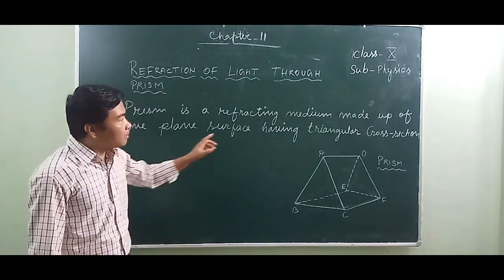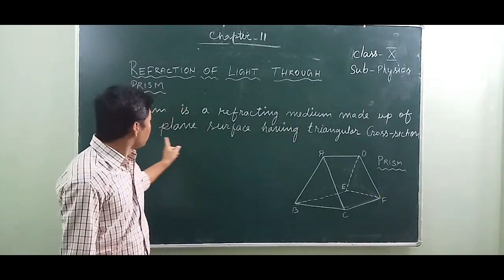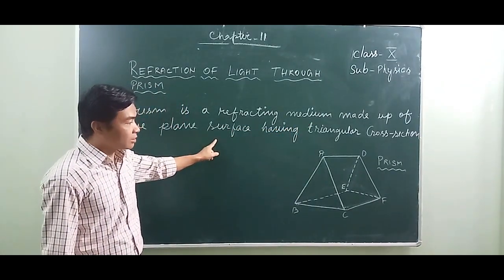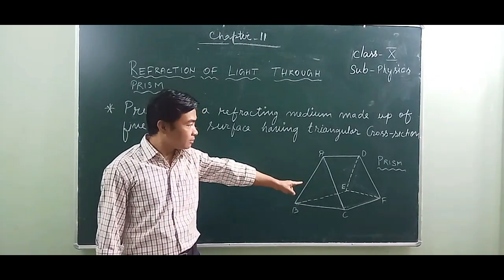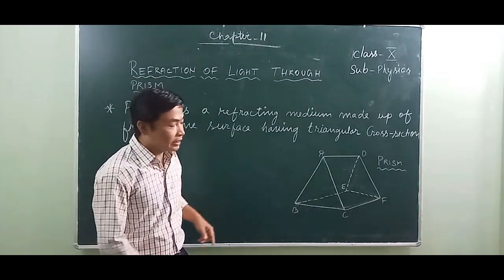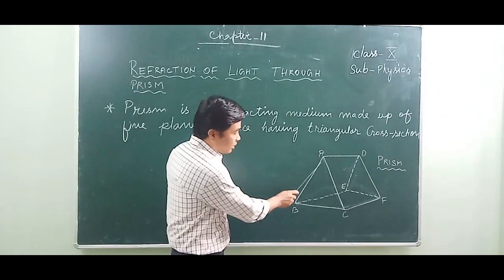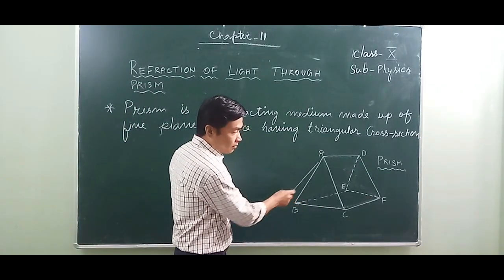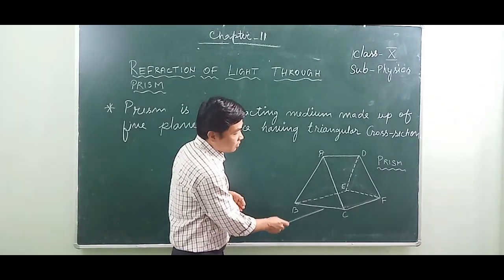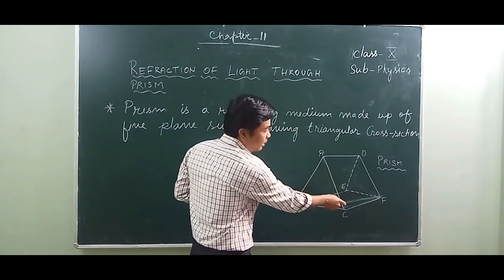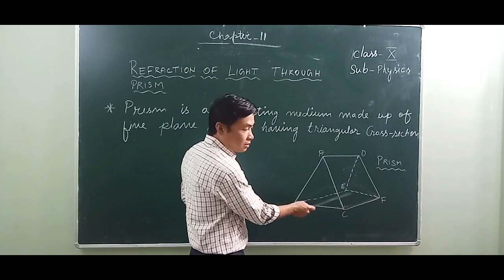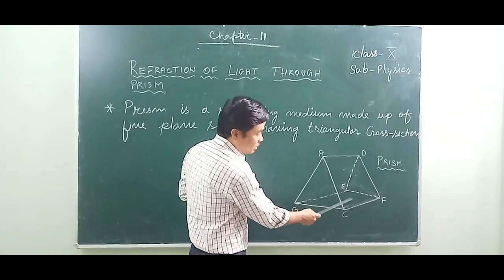Here, a prism is made up of 5 plane surfaces. If you look at the diagram, you will see there are 5 plane flat surfaces. ABC, a triangular surface. ABFC, a rectangular surface.